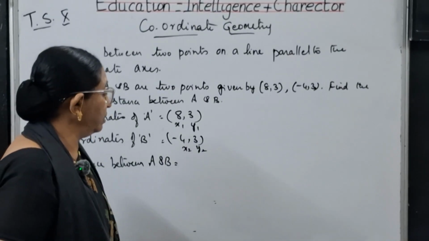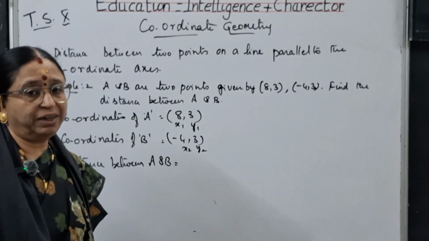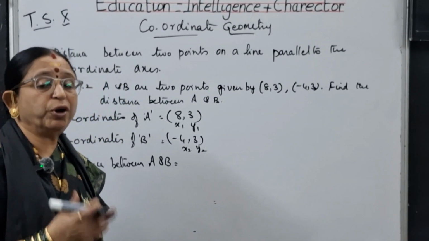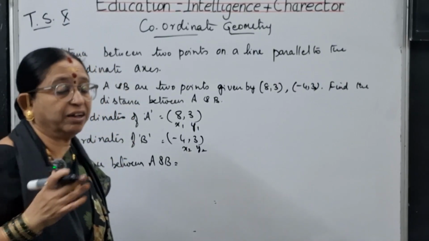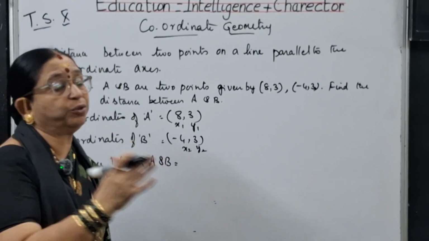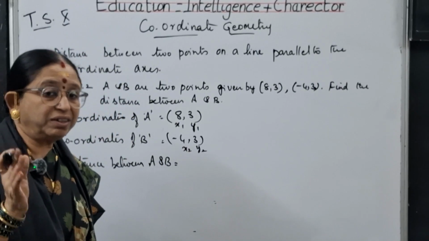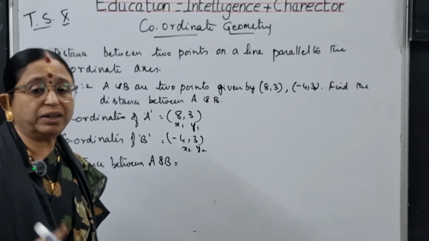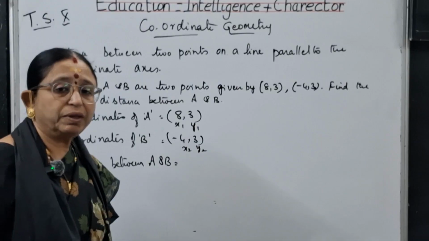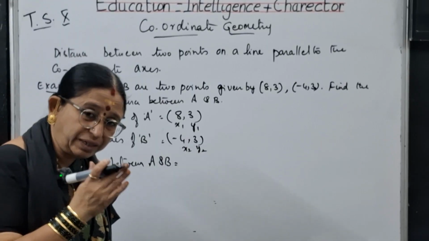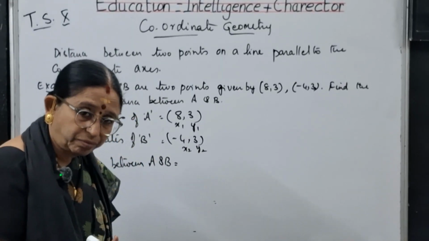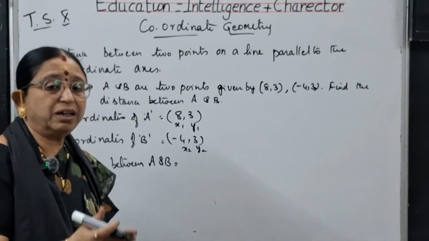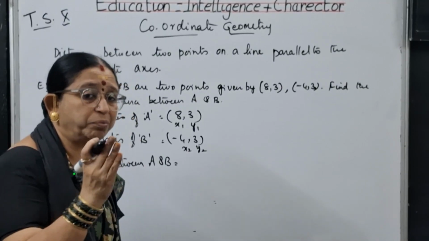But the y coordinates, both of them are 3, the same. That means the line is parallel to the x-axis. So children, you should think about this, then only you can use the correct formula.